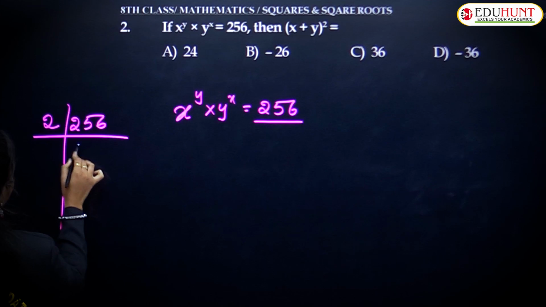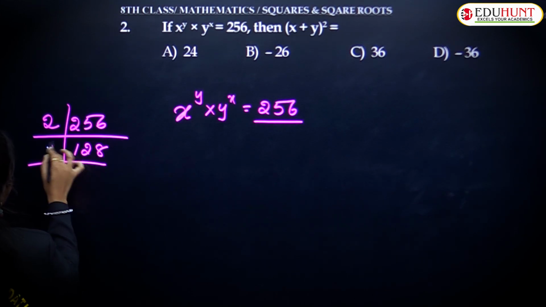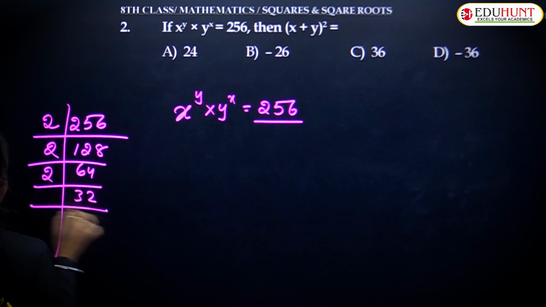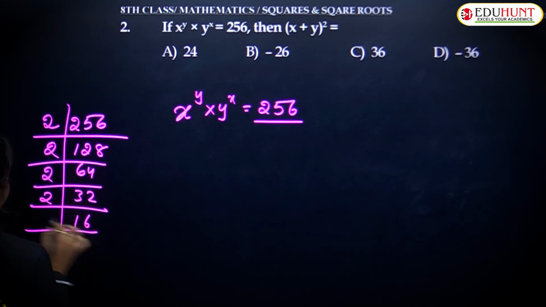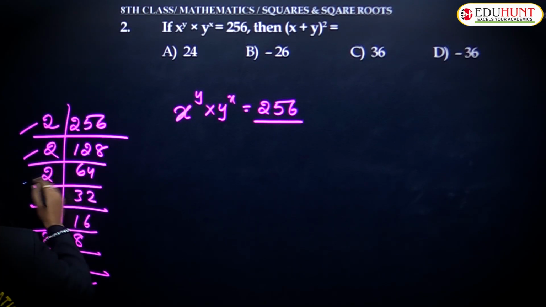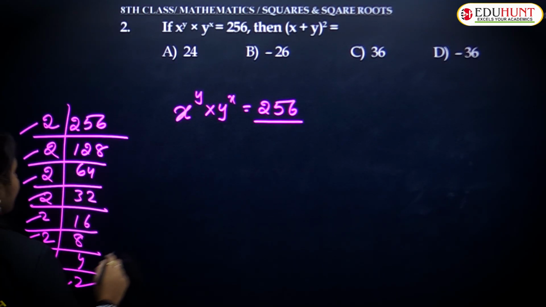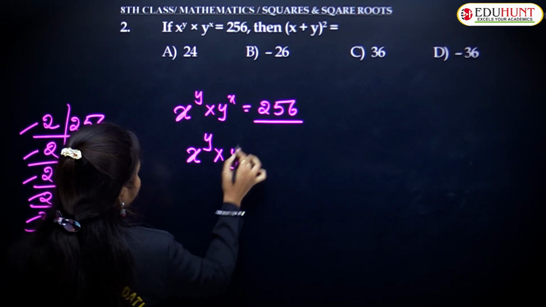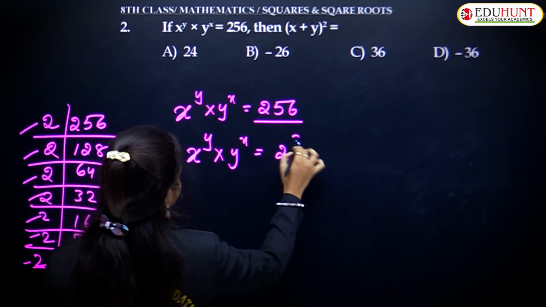Just see here: 2 128s, 2 64s, 2 32s, 2 16s, 2 8s, 2 4s, 2 2s. Finally, 1, 2, 3, 4, 5, 6, 7, 8. So we can write x power y into y power x is equal to 2 power 8.